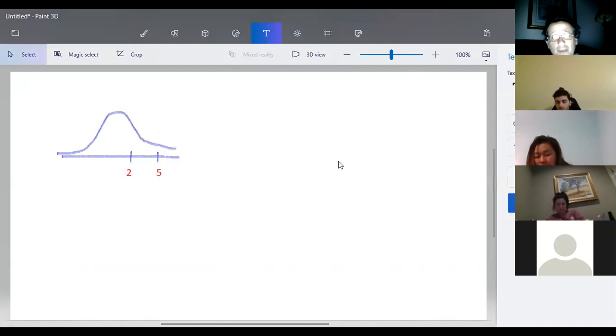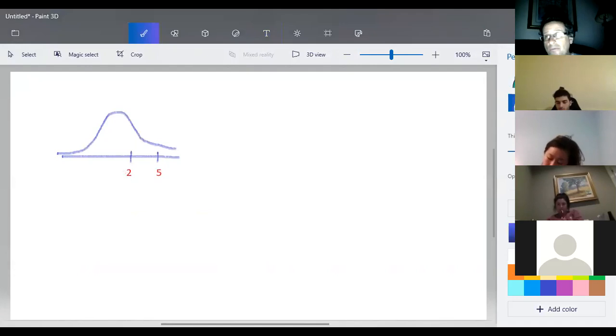If we want to find out the probability that an outcome is between 2 and 5, what we do is we look at the area.